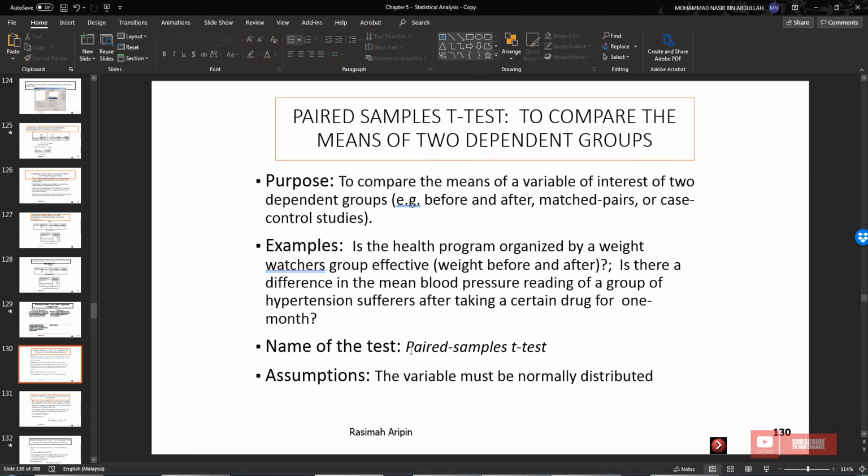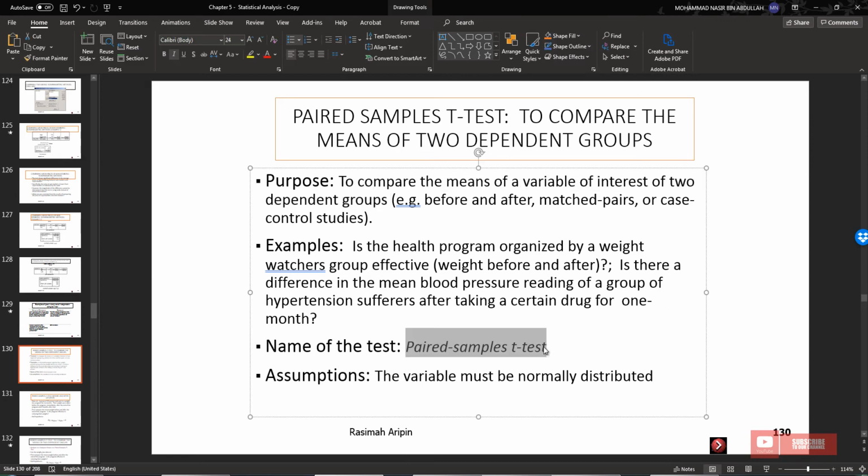So the test that we're going to use is the paired sample t-test, and the variable must be normally distributed. It doesn't mean that group 1 and group 2, before and after, should each be normally distributed, but the difference of before and after should be normally distributed.